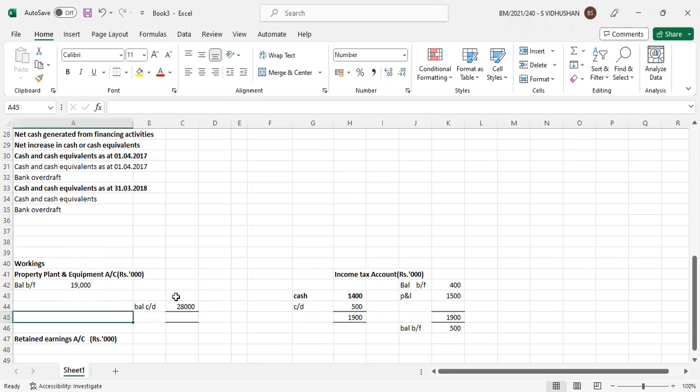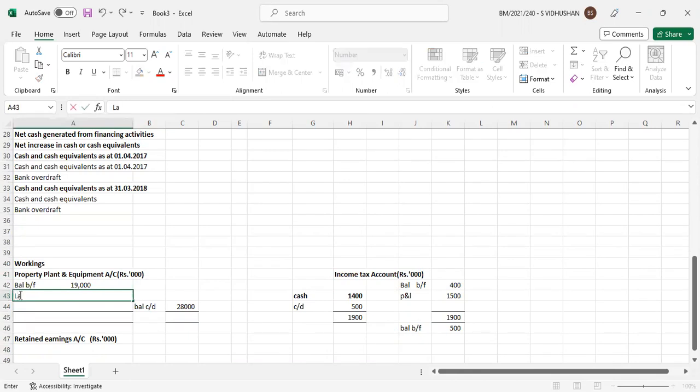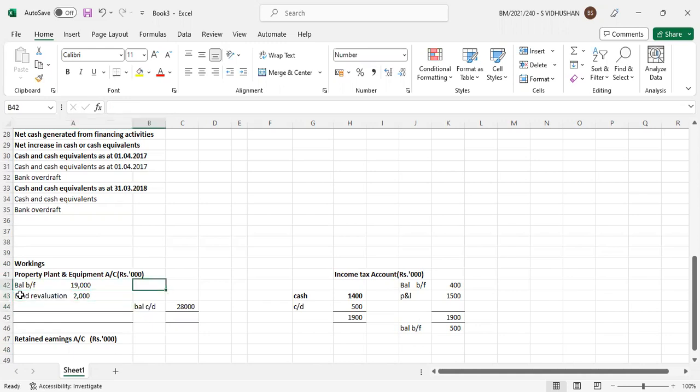Right, and you can see there was a land revaluation of 2,000. Then also there was a depreciation of 1,250.